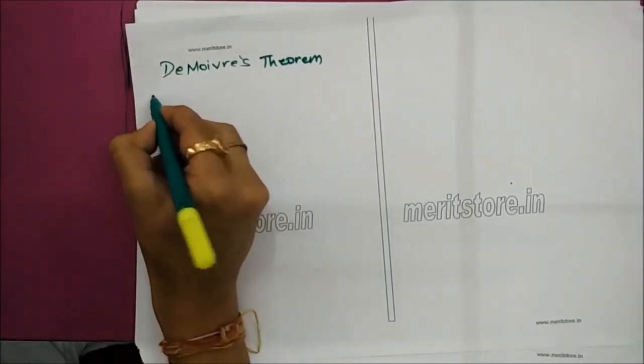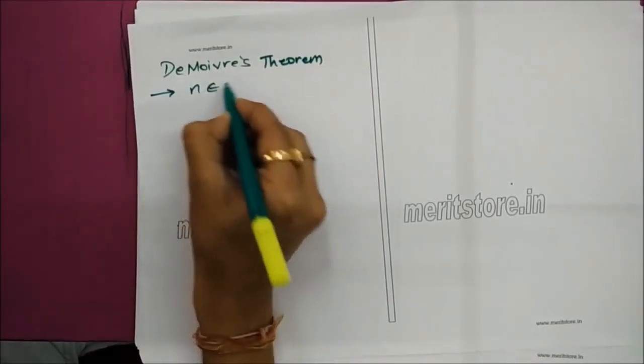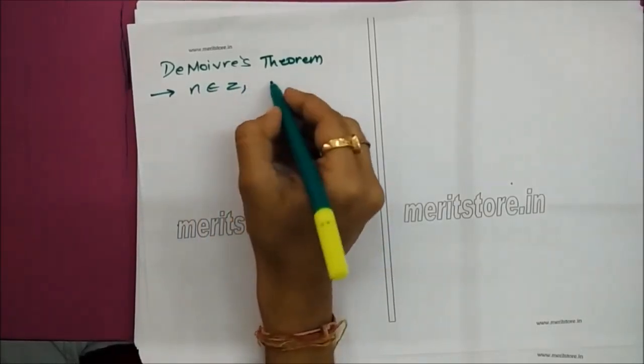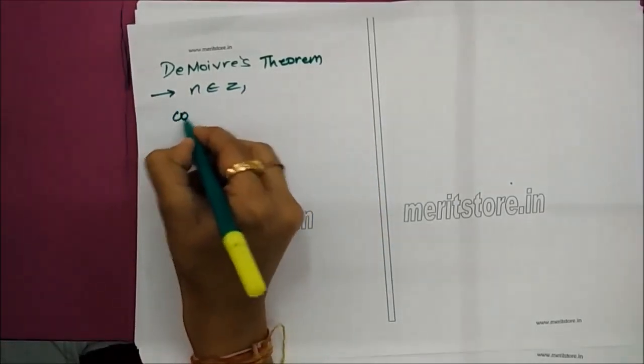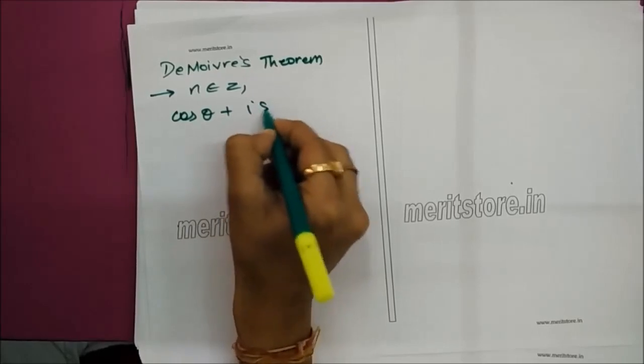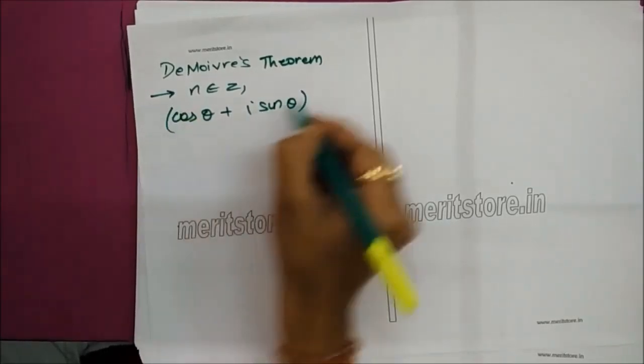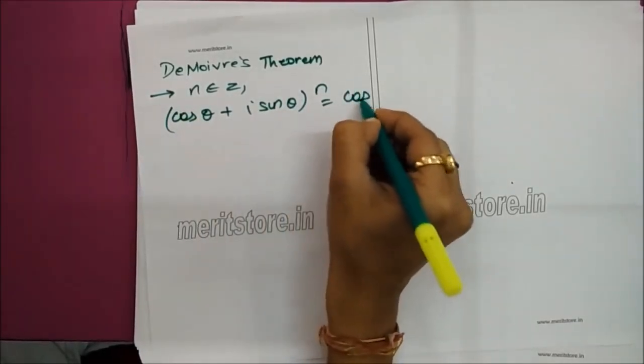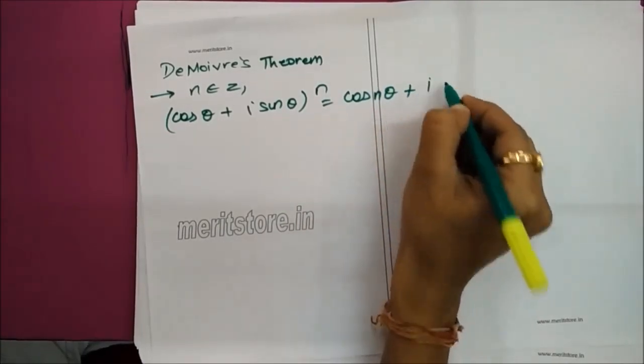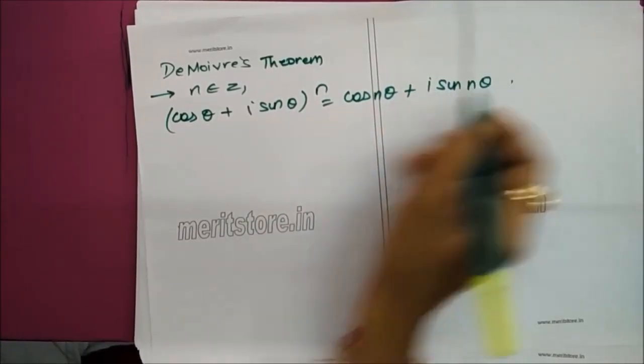So here, first one is n belongs to set of all integers. Then cos theta plus i sin theta raised to n is equal to cos n theta plus i sin n theta.